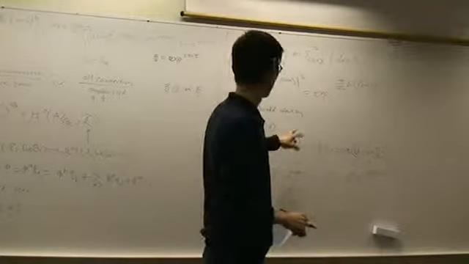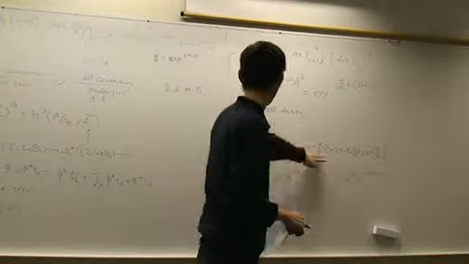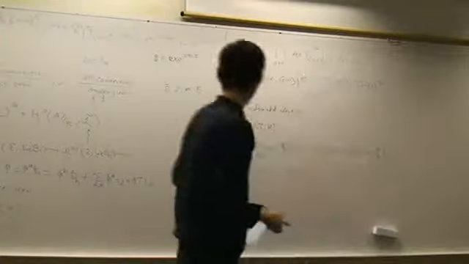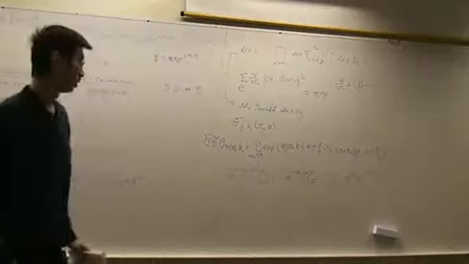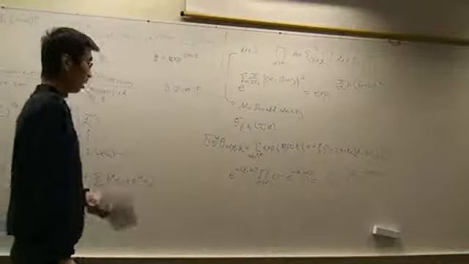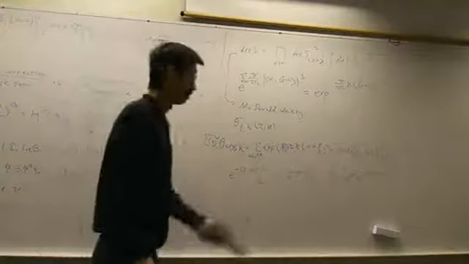By setting Q to 0 in this formula, you get this. In this product formula, setting Q to 0, you get this product. Well, this is the Weyl denominator formula. So the Macdonald identity is just the generalization of this in the case of affine algebra.